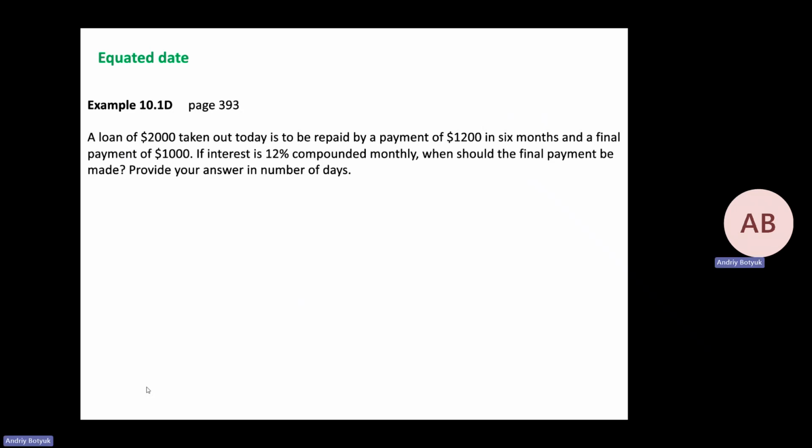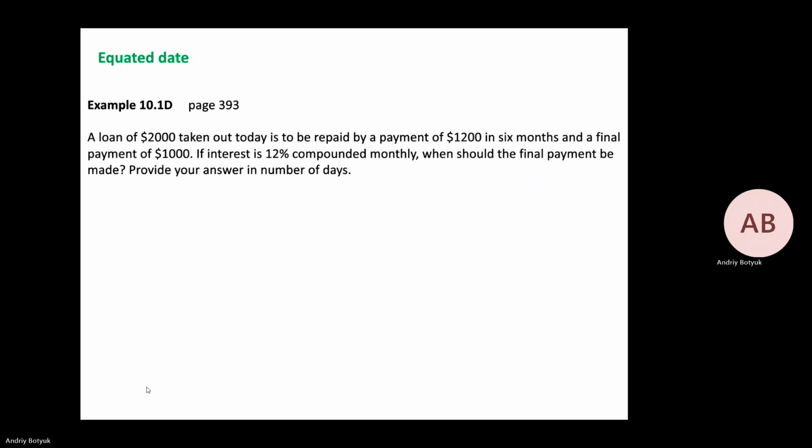Now we know all the amounts we're supposed to pay. We don't know when that last amount has to be paid, and the question is to find when. So this day when this amount is paid is called the equated date.